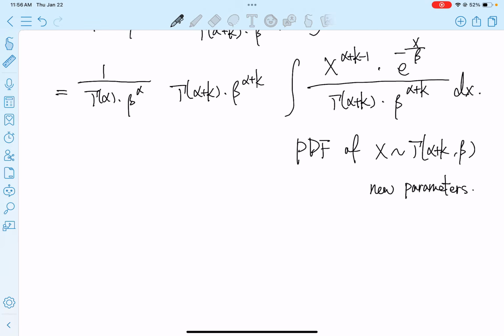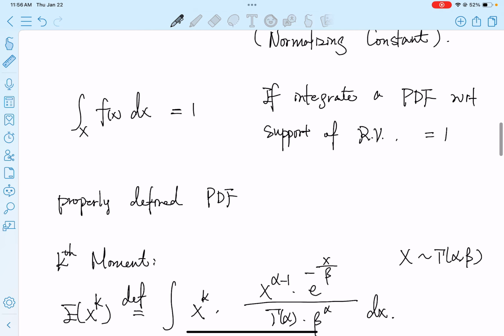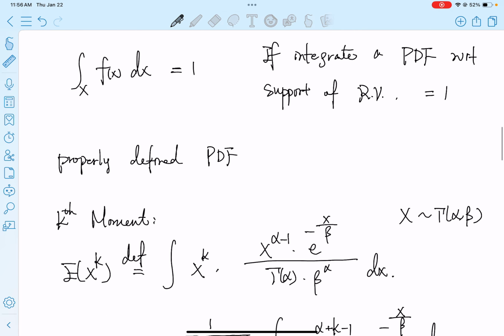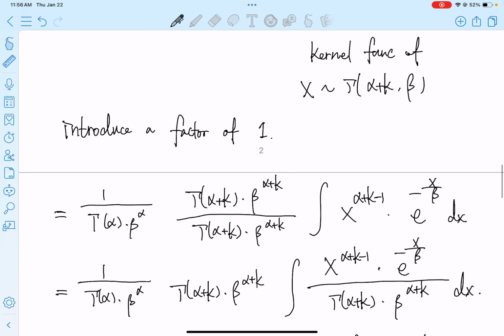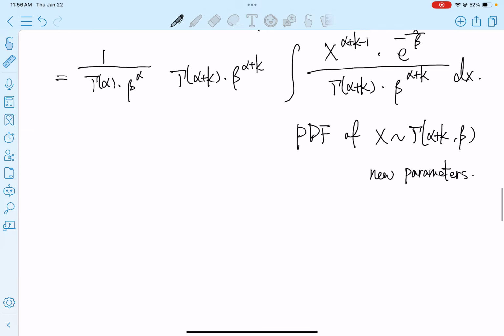Okay. However, as we mentioned before, for any properly defined probability density function, when you take the integral with respect to dx, it should integrate to 1. So the whole thing inside the integral will just go to 1. So now let's continue our equation.